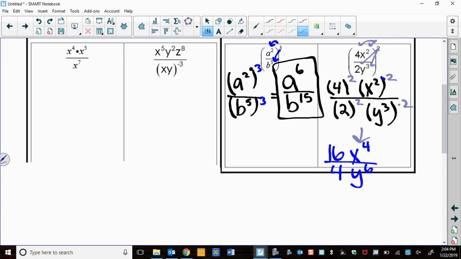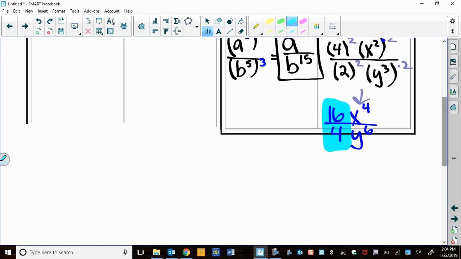Now you might think you're done here, but in reality there's one more thing I can simplify, and those are my coefficients, which are right here. 16 divided by 4, if I were to break that up from the rest of the problem, so really it'll be 16 over 4, which will become 4. But where do we put the 4? That's the problem. Are we going to put it in the top or the bottom?